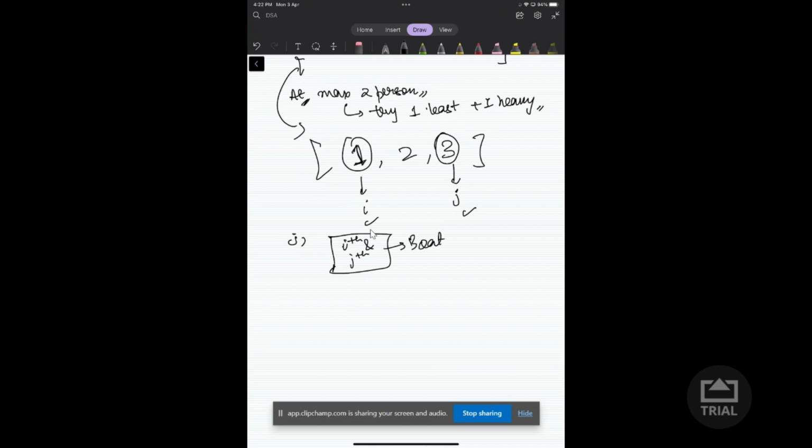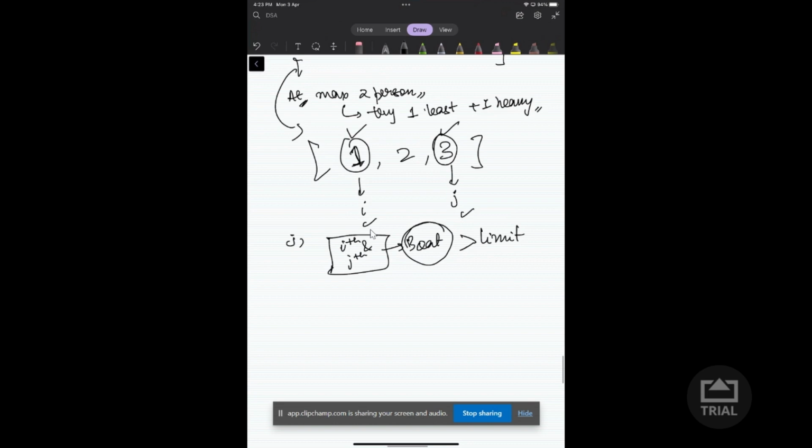If the weight of both of them exceeds my limit, I can just take the heaviest person alone, and I will not remove the first person, because the lighter weight will not matter that much.